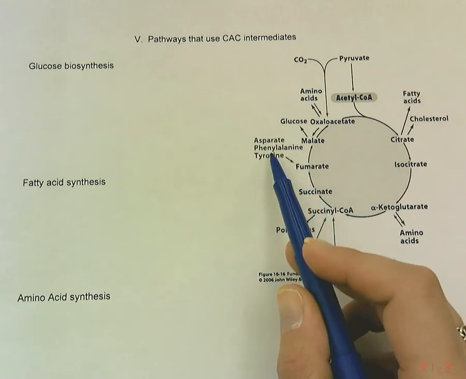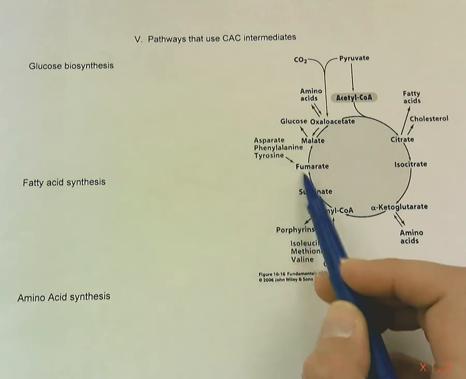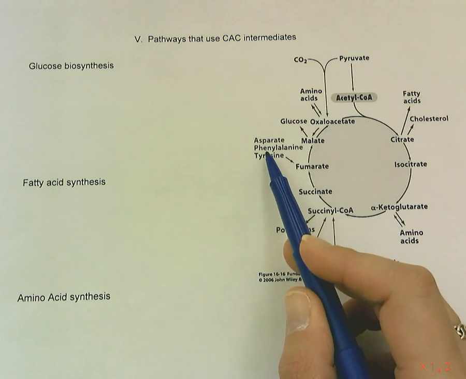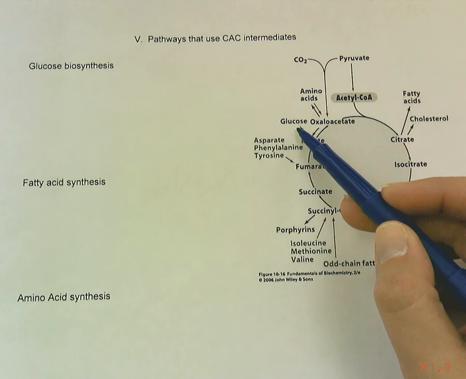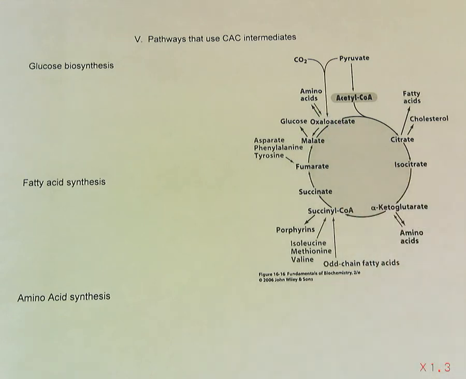Fumarate is the amino acid intermediate for aspartate, phenylalanine, and tyrosine. Malate is needed for glucose production in your body, and oxaloacetate also feeds into the amino acid biosynthetic pathway.